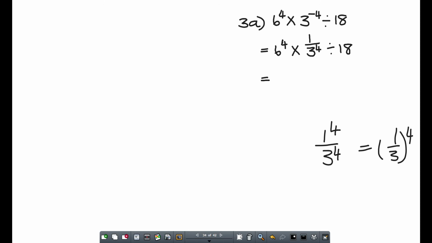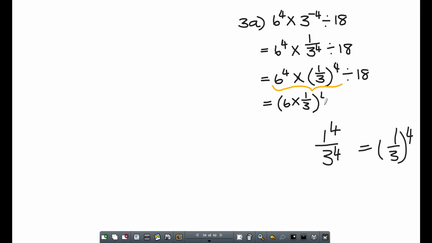Do you guys agree? Okay. So, I'm going to say 1 over 3 to the power of 4. I'm not touching that 18 yet. Okay. Now, because both of these have got an exponent of 4, I can say 6 times a third to the power of 4. You guys still with me? Okay.